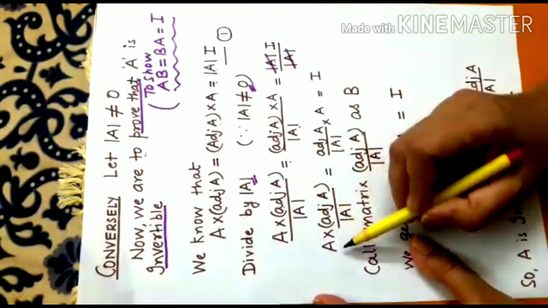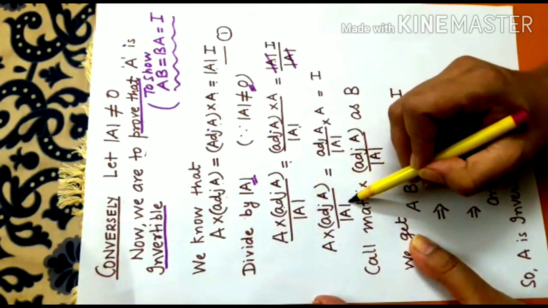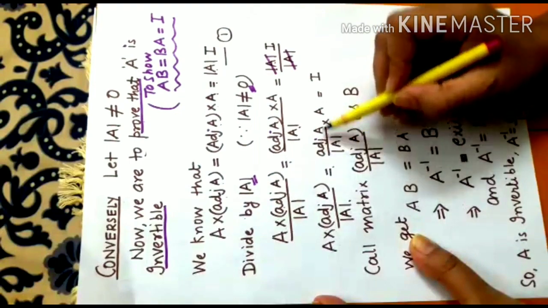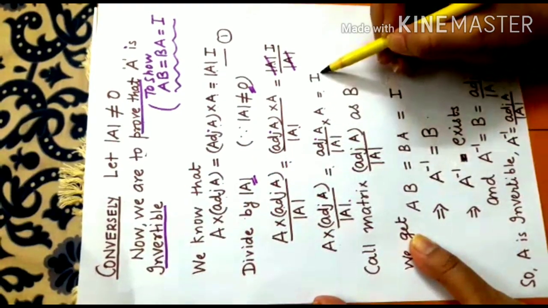So I am left with A into adjoint A divided by determinant A equals adjoint A divided by determinant A into A equals I.